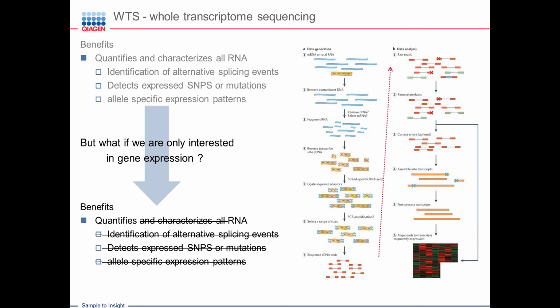So if you're not interested in characterizing RNA splice variants, or post-transcriptional modification of bases, or SNPs, or allele-specific expression patterns, or you're not interested in all RNAs, and you're interested in a subset of RNAs and only in expression of those, then a lot of the benefits of whole transcriptome sequencing are not really benefits for you. And you're spending a lot of time and effort hanging around with bioinformatics scientists when you could be screening more samples for less money and less time.